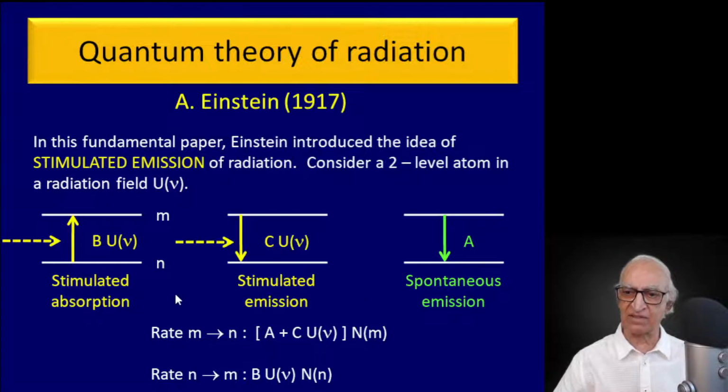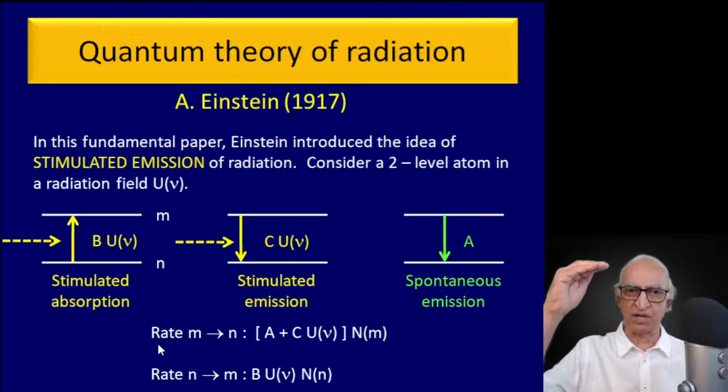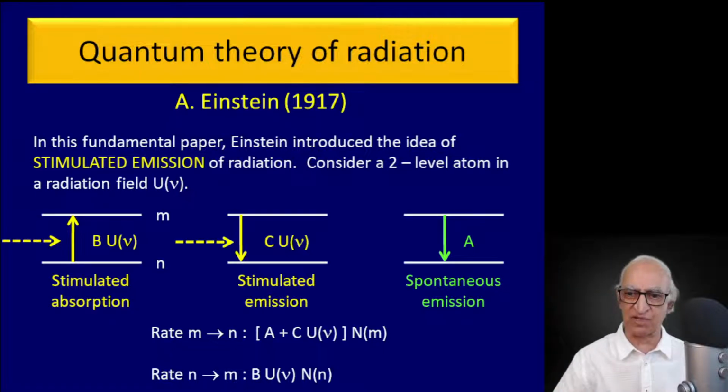And N of N is the number of atoms or molecules in the lower level N. So this is the rate of jumping from the upper level to lower level, and this is the rate of going from the lower level to the upper level.